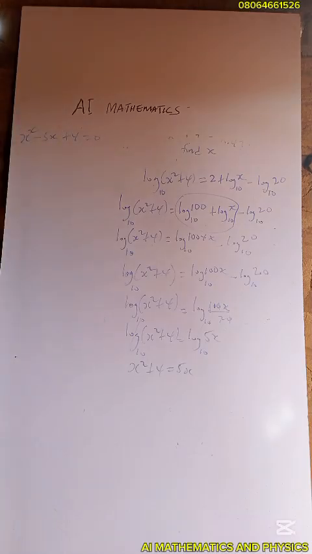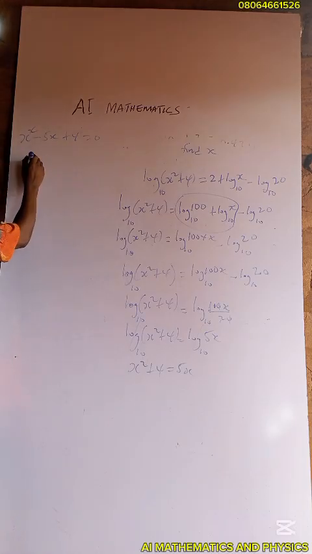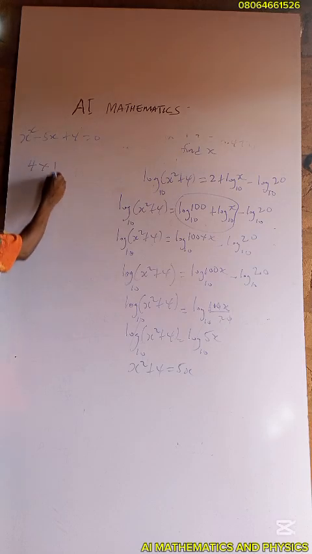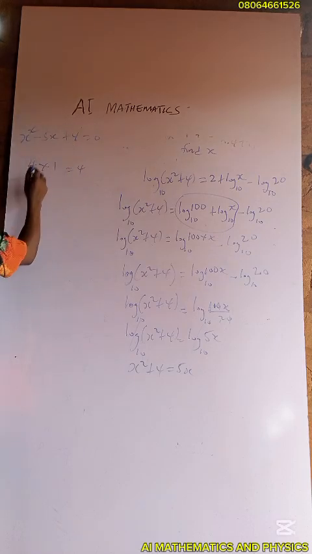If you are conversant with quadratic equations, you look for factors of 4 that, when multiplied, give you positive 4, and when added, give you negative 5. So it could be 4 times 1. 4 multiplied by 1 will give you 4, which is correct, positive.